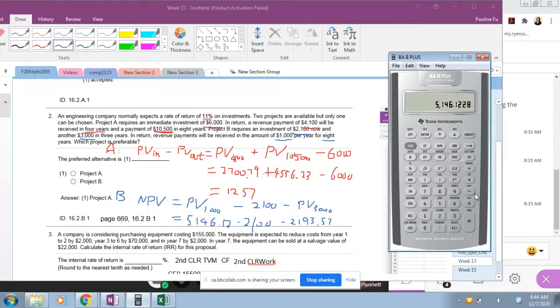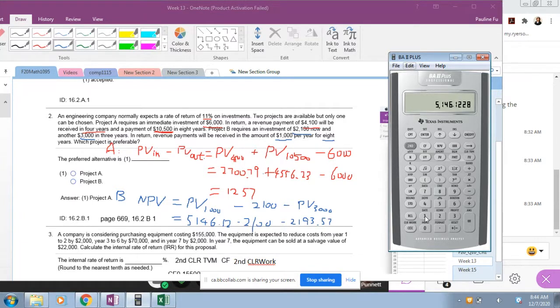So this number minus 21,000, then minus the number I stored here. No, I didn't. So I'm going to redo it. So 5 equals 1.